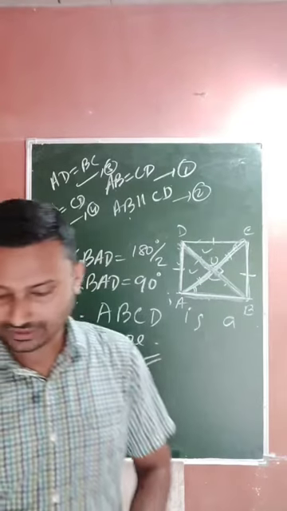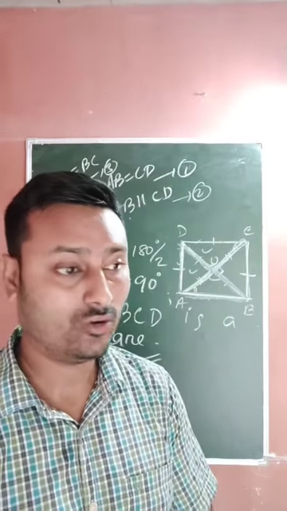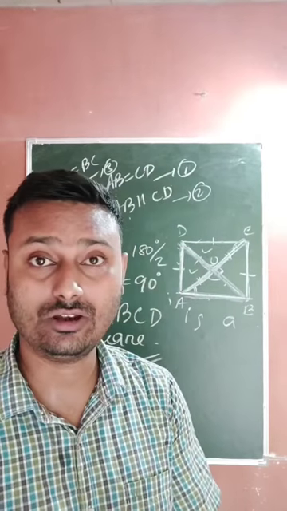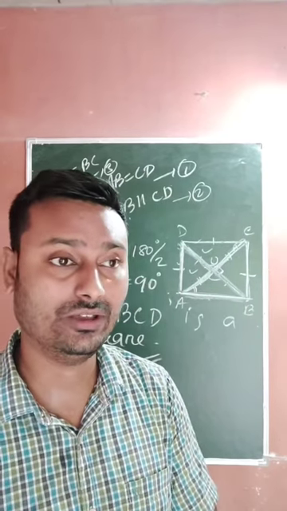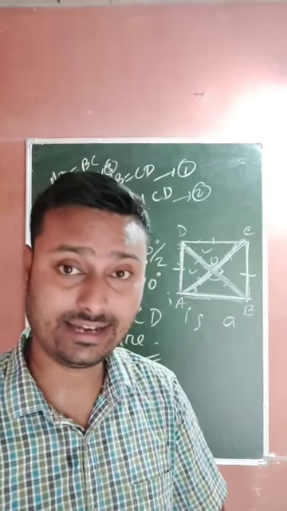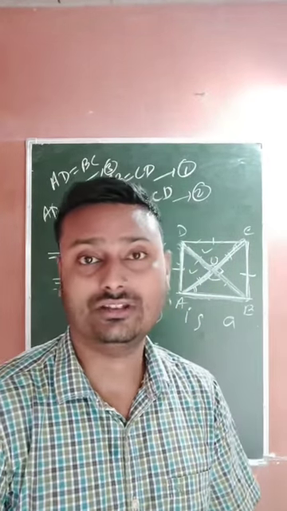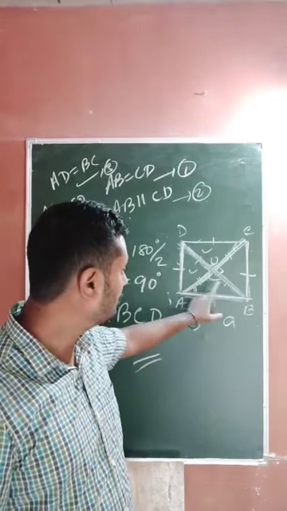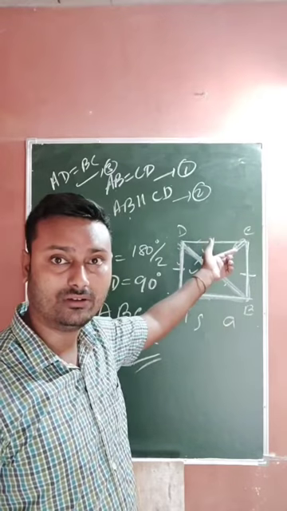So this is a long question but a very important question, and you have to write all the things. Otherwise 1 or 2 marks will be deducted if you do not prove all the main facts. Some students do not prove that ABCD is a parallelogram.